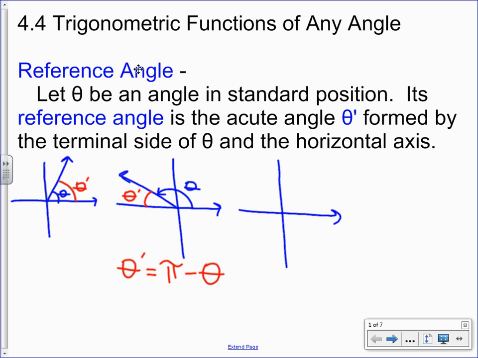Let's talk about quadrant 3. Remember, our reference angle has to take us to the horizontal axis, whether it's closer or not. It's always going to be a positive measure. So how would we find this reference angle? Your angle, because it's going to be bigger, and subtract out pi.